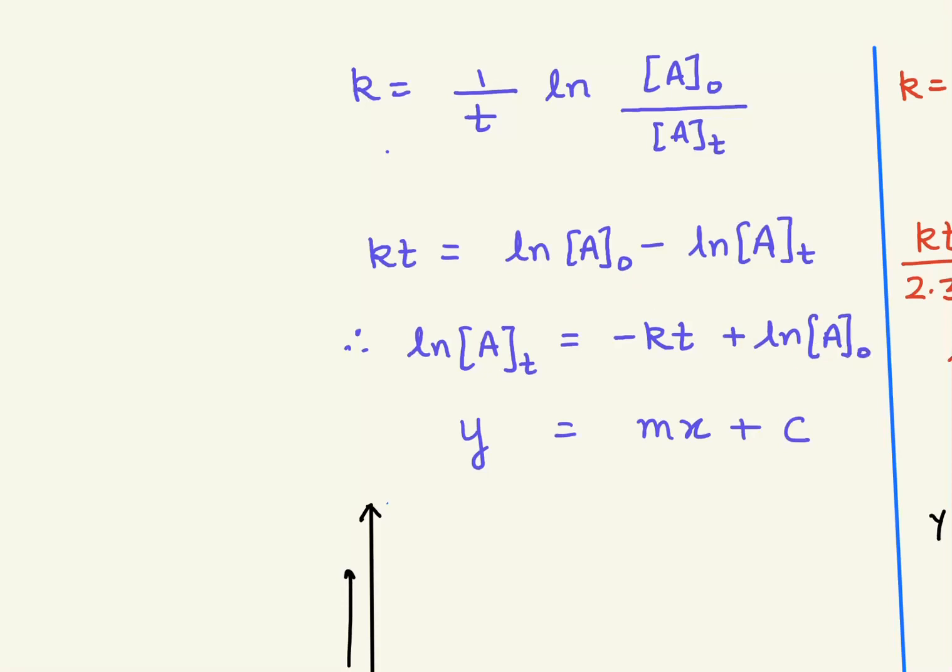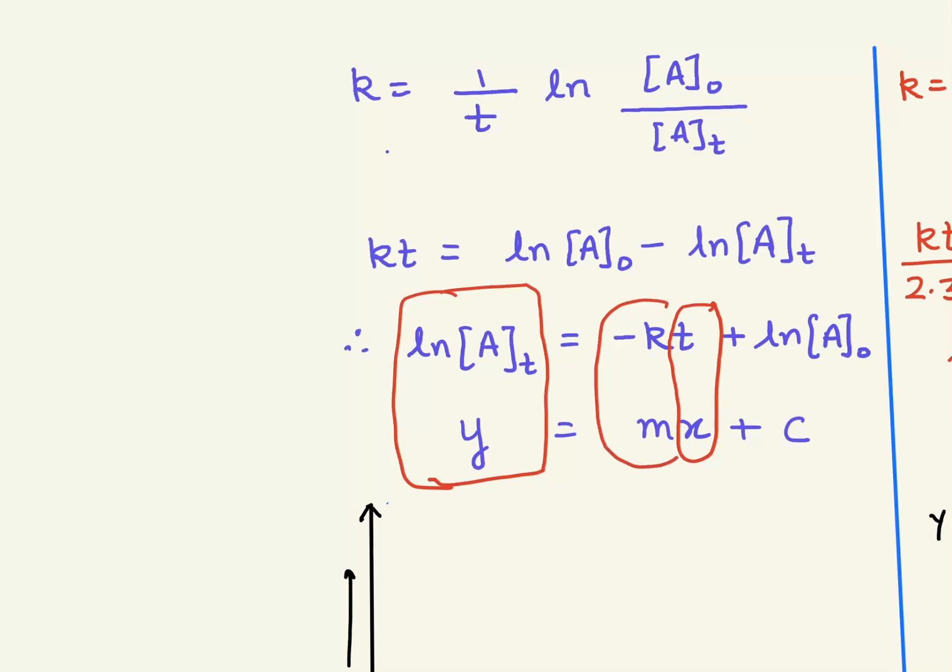So compare the two equations. So I will have y corresponding to natural log of at, x corresponding to t, slope corresponding to minus k, and natural log of a naught giving me the y-intercept.